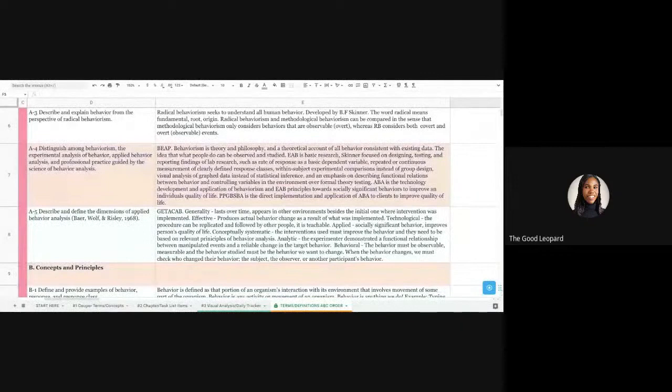So he was very hands-on, very interested in using graphs and visual analyses. He wanted to show the different rates of responding and the different ways that he could impact the behaviors of his subjects. He wanted to show functional relations between the behavior and what he was doing, which was the controlling variables.